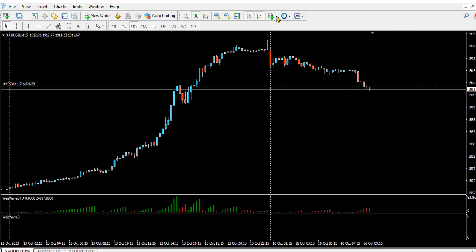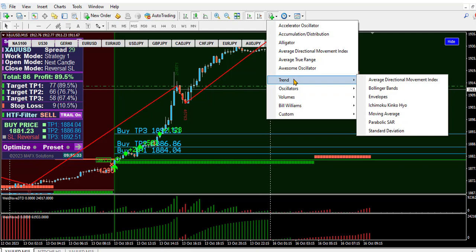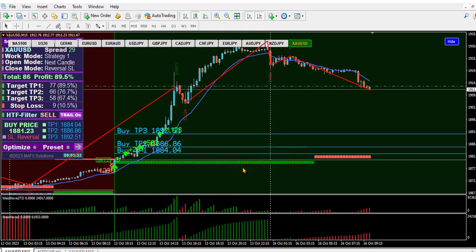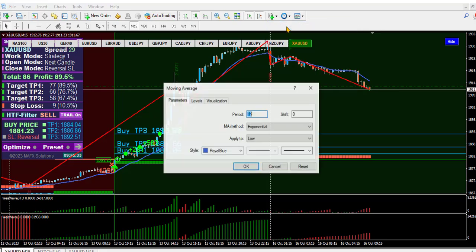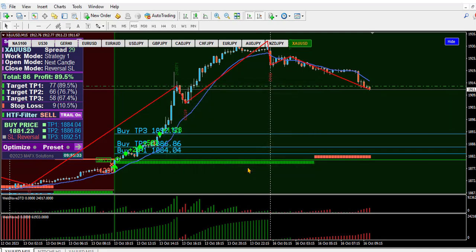So let me add it back. And the second value is 26. It's exponential. Let me change this one to maybe yellow. So we have everything together now.